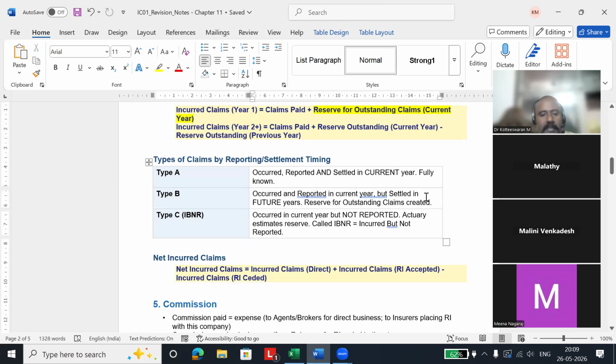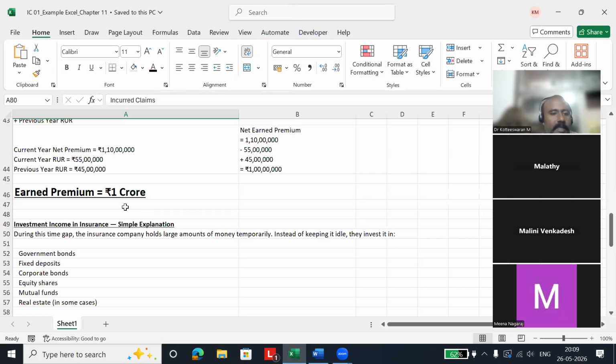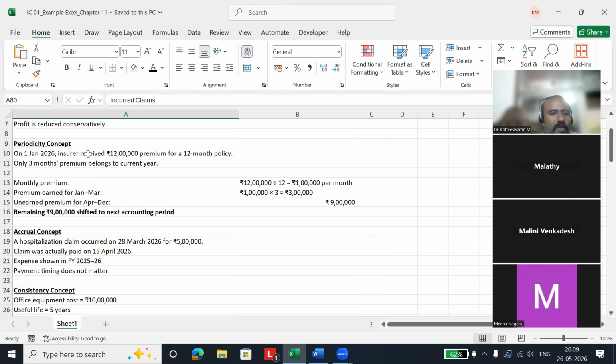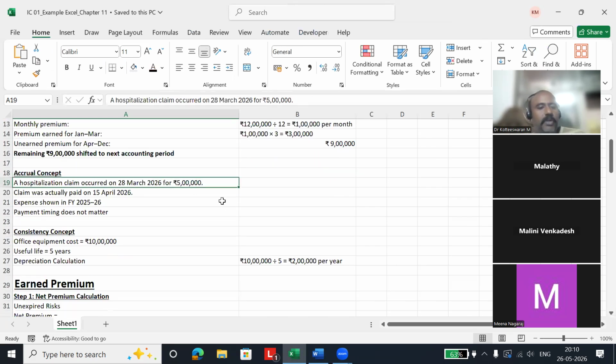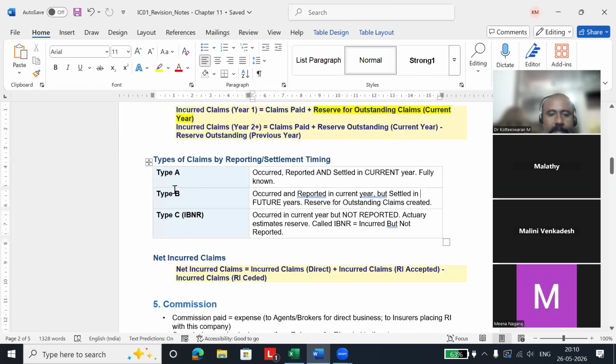I settle only in the future. That also we have seen in the example. Sorry, not periodic concept, in the accrual concept we have seen this. Hospitalization claim comes on 28th March, but I did not settle. I settle next year, 15th April 2026. So this is type B.